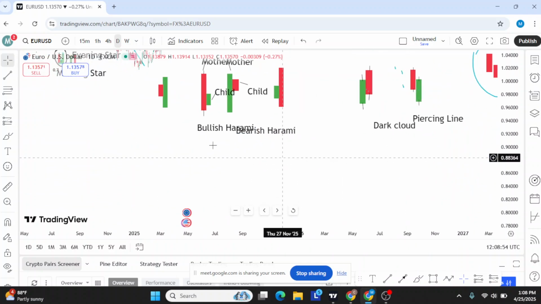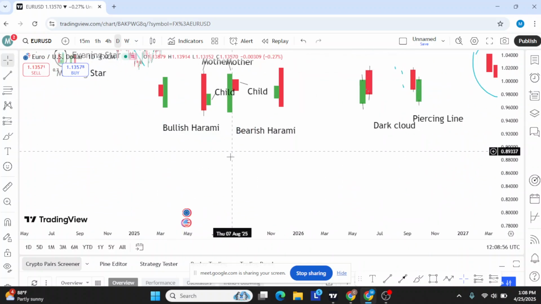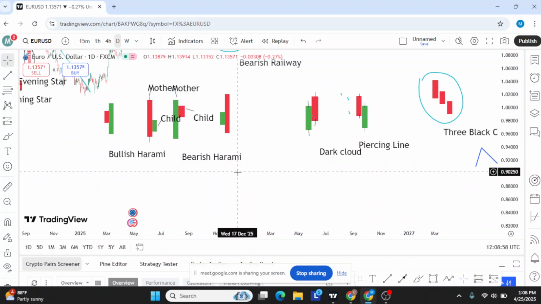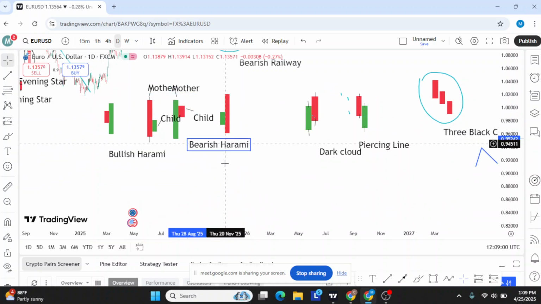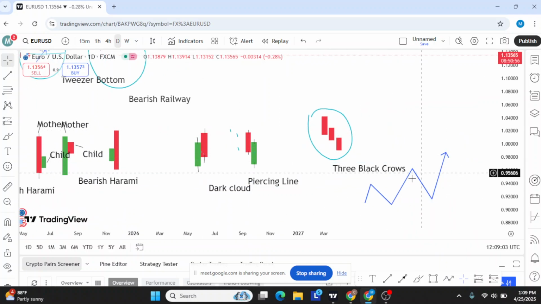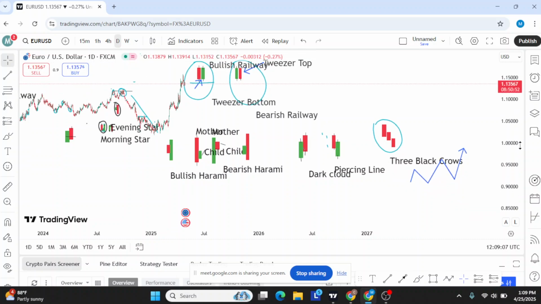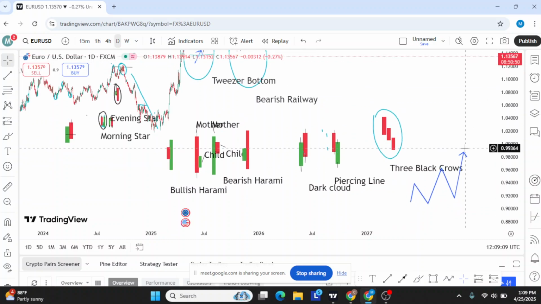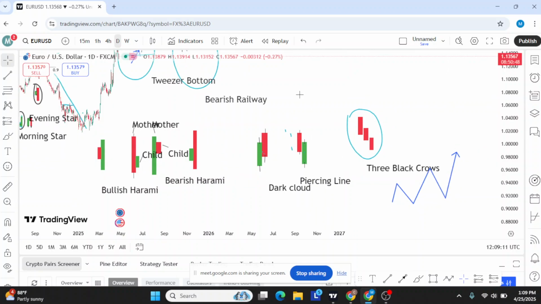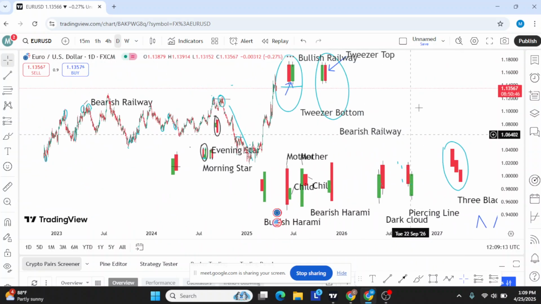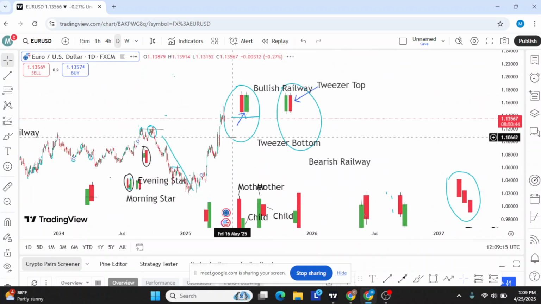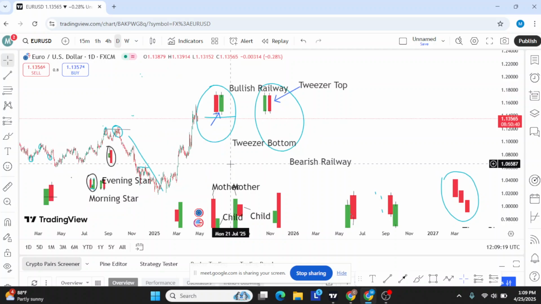Let's just quickly dive in, because what we'll be doing for the majority of today's class is a revision. After the three black crows, we've covered the entire patterns we have, and the patterns we discuss today will give us the chance to look at them and try to spot a few on our chart as well.